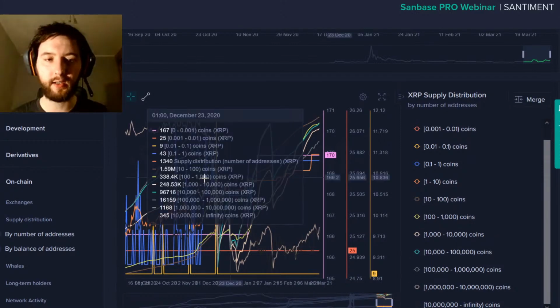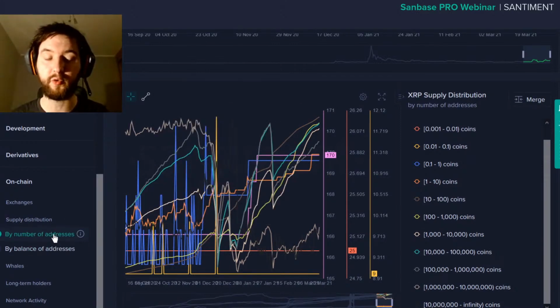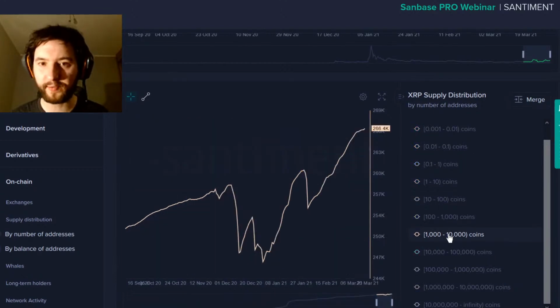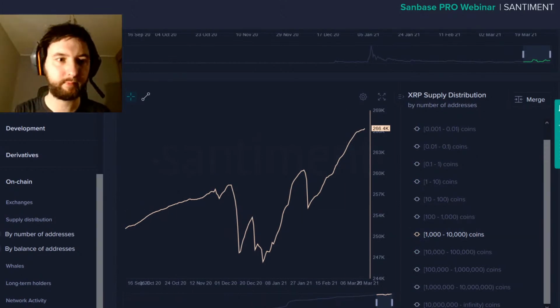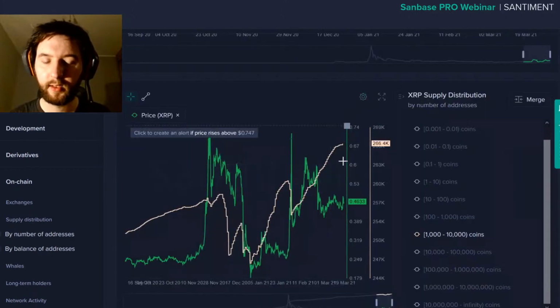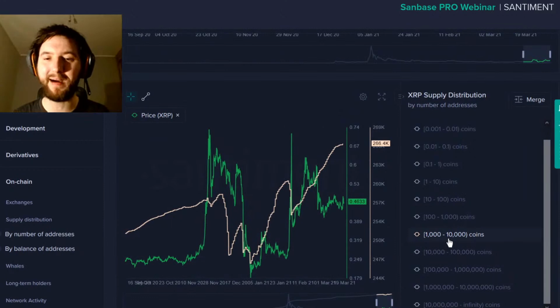So very shortly, to explain the difference between these two metrics. Supply distribution by number of addresses shows the amount of addresses holding a particular coin. Very simple. So for example, let me just show the price here. Here we're looking at the amount of addresses holding between 1,000 and 10,000 XRP, right?